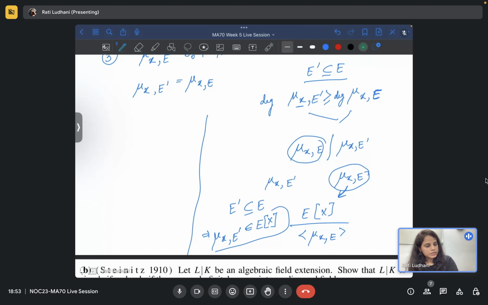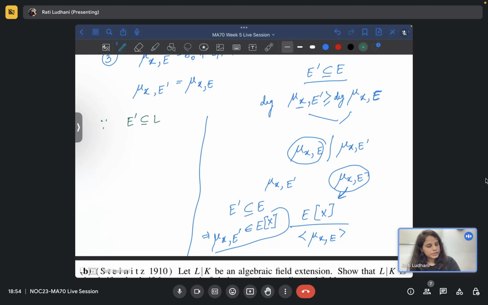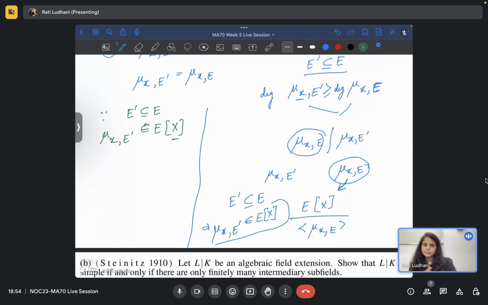Since E' is contained in E, mu(x, E'), which is a polynomial with coefficients in E', will belong to E[x], right? Because the coefficients are in E', and that means they are also in E, because E' is contained in E.